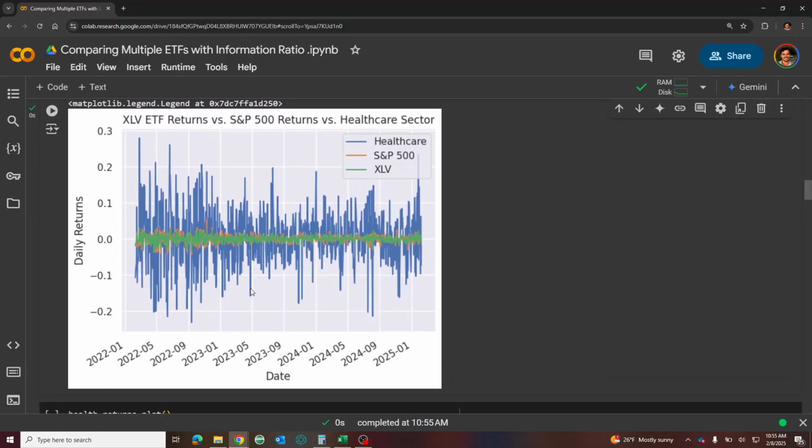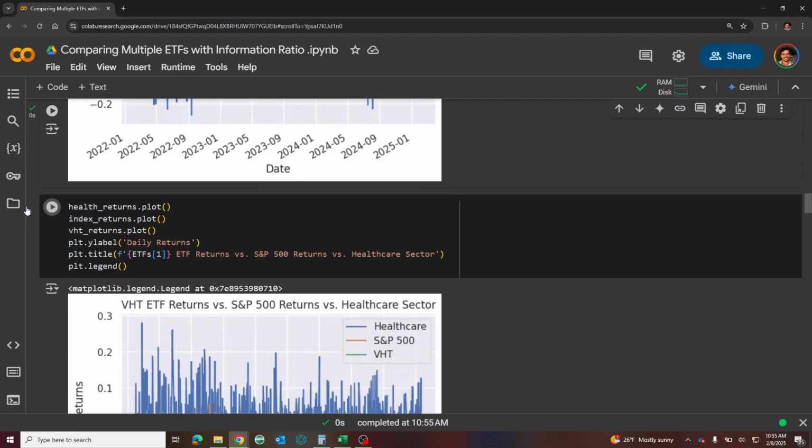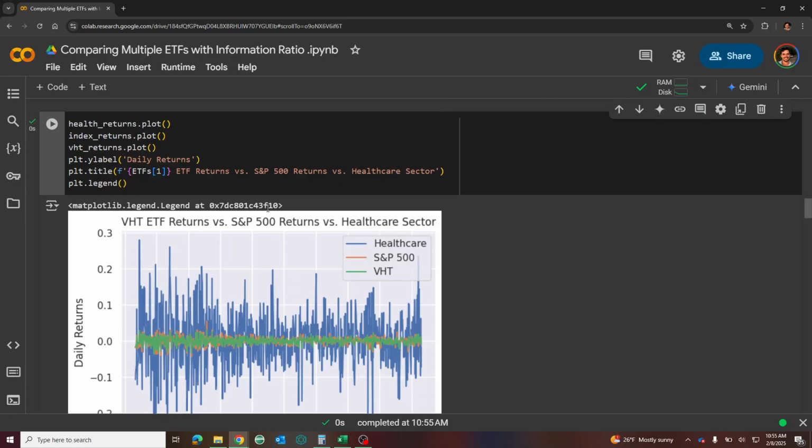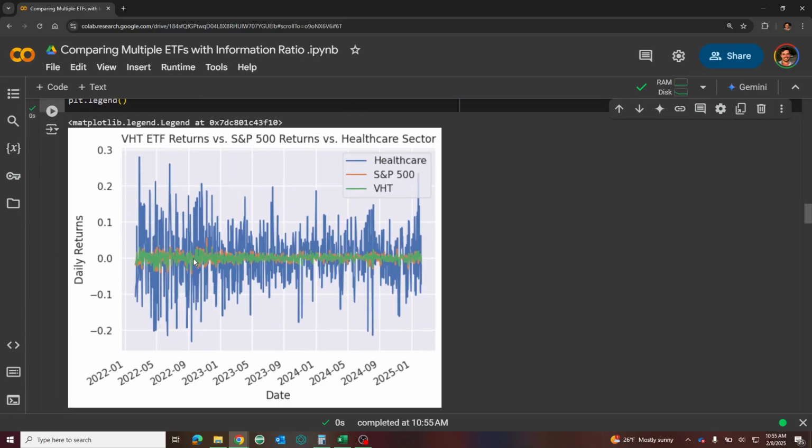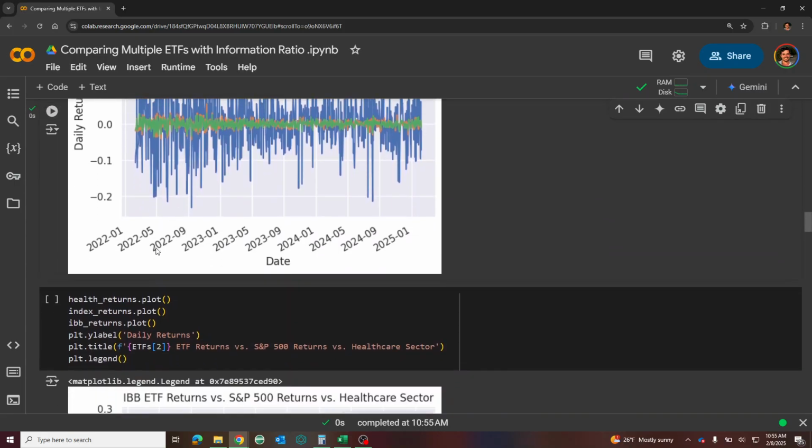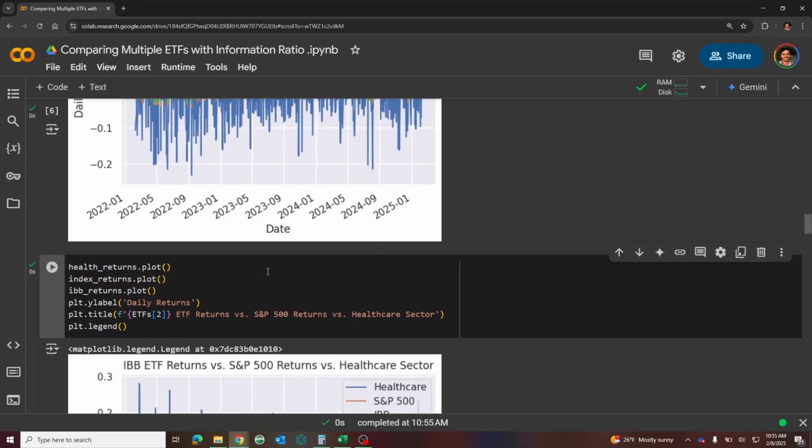Right off the bat, you can see that the variance of returns is much greater with just buying into the portfolio, and the ETFs are a lot less volatile. The returns just don't vary as much. And so we do this for each one.